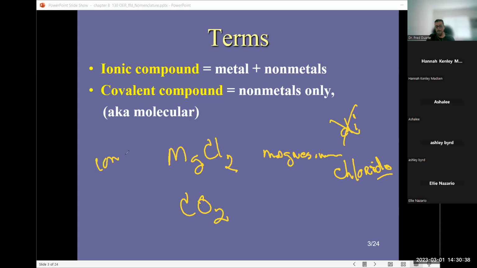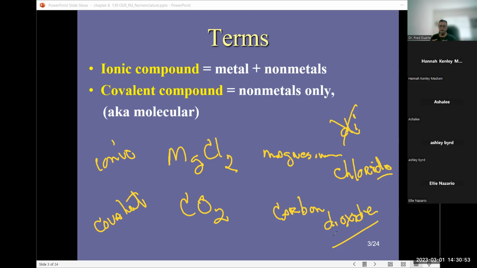This is ionic. This is covalent. Here, the bottom will be carbon dioxide. Okay, carbon dioxide. So remember this: when it comes to prefixes, ionic compounds, no prefixes; covalent compounds, yes on the prefixes.